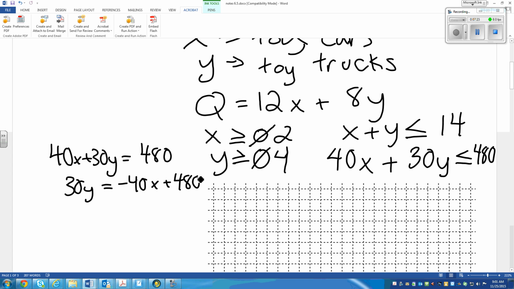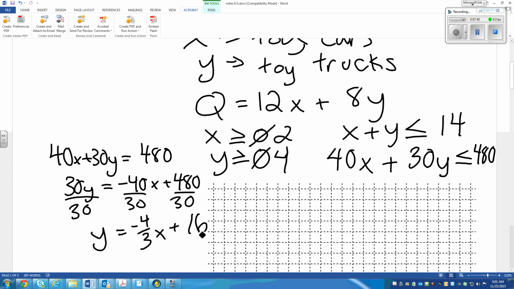What should I do next? Divide everything by 30. So I get y is equal to negative 4/3 x plus 16. Okay.